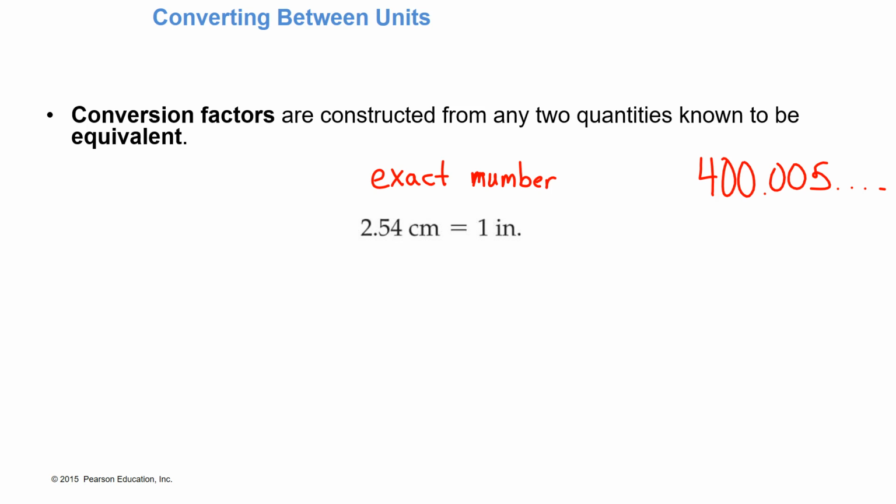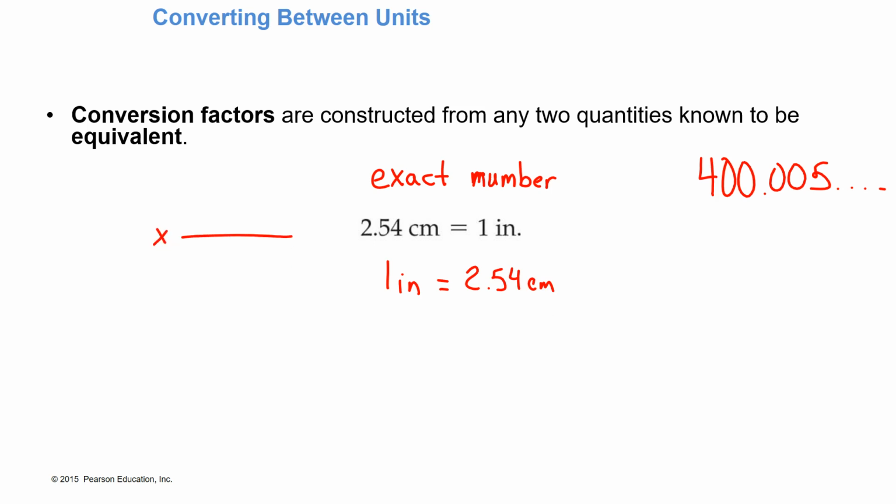Now, something about this one, remember that we can also look at it in this direction. Depending on what we're trying to cancel, I can establish it whenever I set it up.